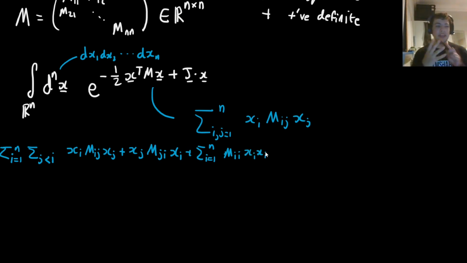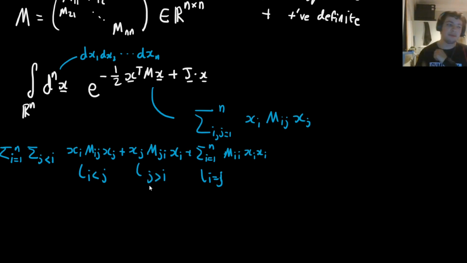So basically we've taken the terms and we've split them into 3 parts. The i equals j has become just a simple sum here. This is where i is less than j, and then this we've taken j greater than i, and we just flipped it round and relabeled i and j. So we end up with this sum, and that means we only see these M terms in the form Mij plus Mji.